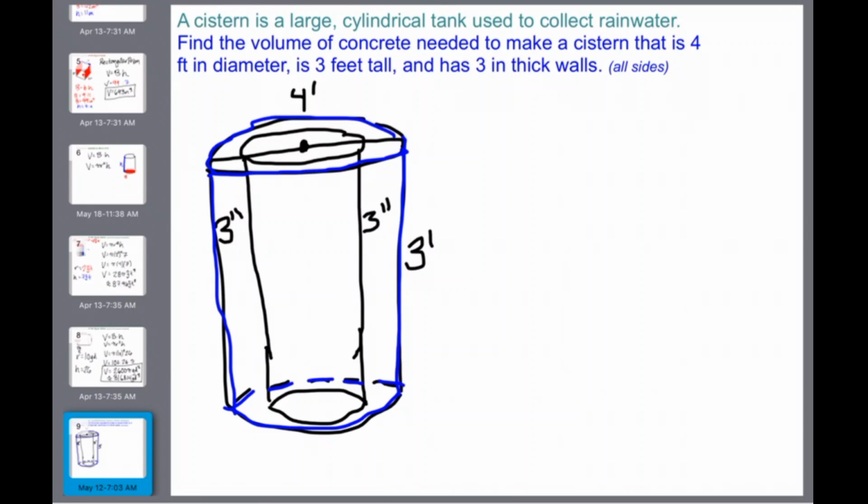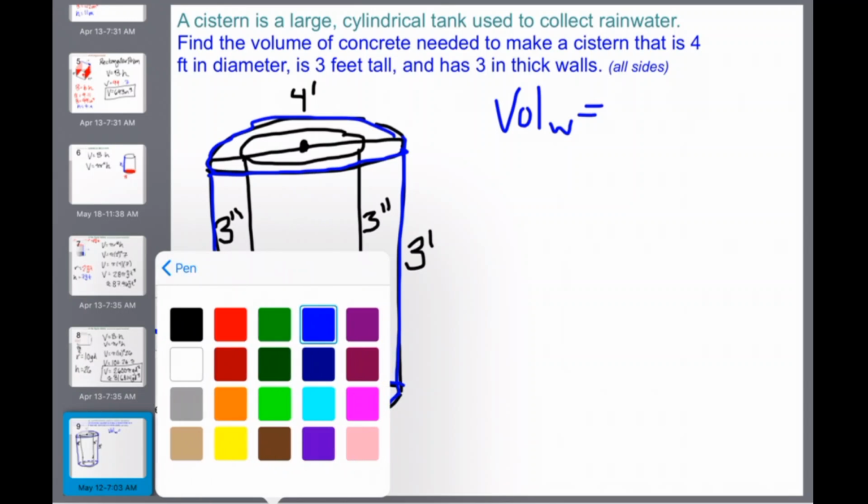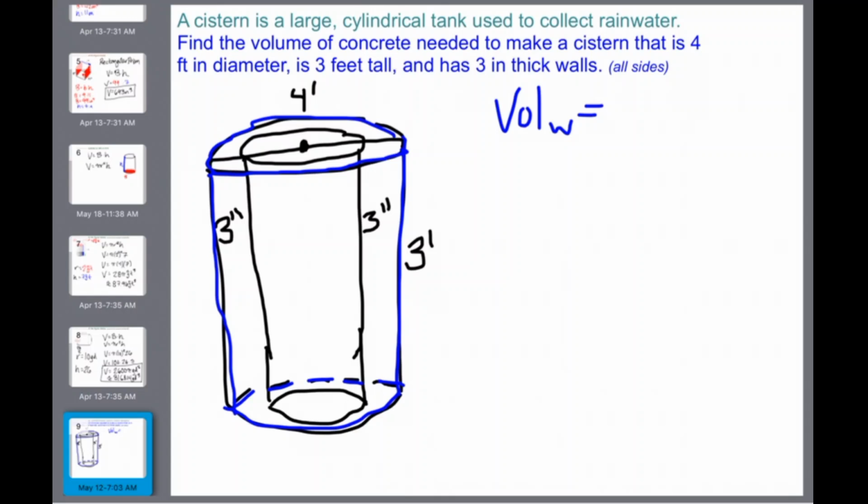So we're going to look at the volume of the whole, which we're going to do as W, versus the volume of the inside. Because in order to find the volume of the concrete, we have to subtract these volumes. We're basically taking the whole thing and subtracting out the inside.